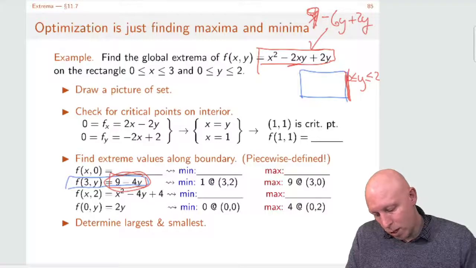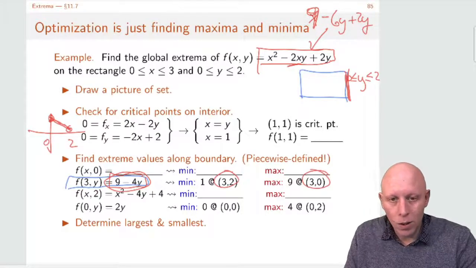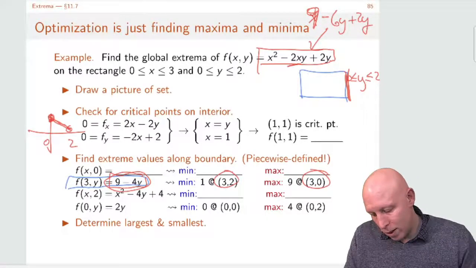So 9 minus 4y is a line, where y goes from 0 to 2. We have a point at (3, 2) and a point at (3, 0). So the maximum occurs here and the minimum occurs there.